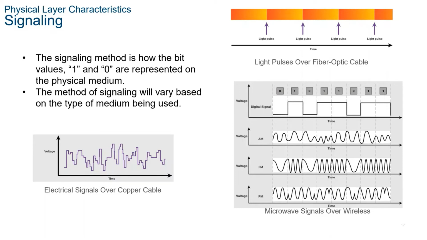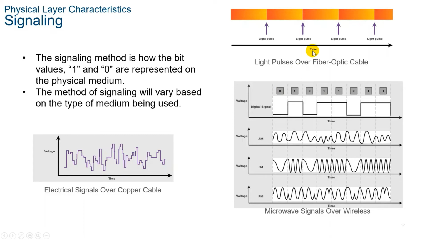This is similar to the signaling method used in Morse code, which may use a series of on and off tones, lights, or clicks to send text over telephone wires or between chipsets. Okay? Now the figure here shows different signaling. In the first diagram, it shows electrical signals over copper wires.